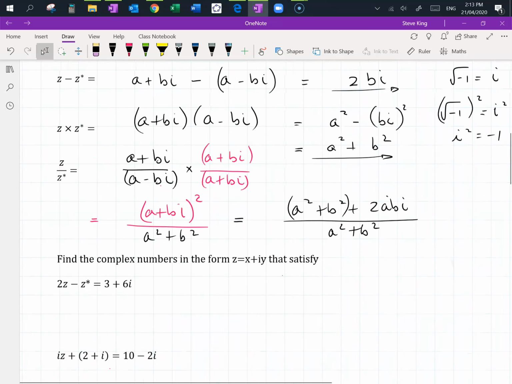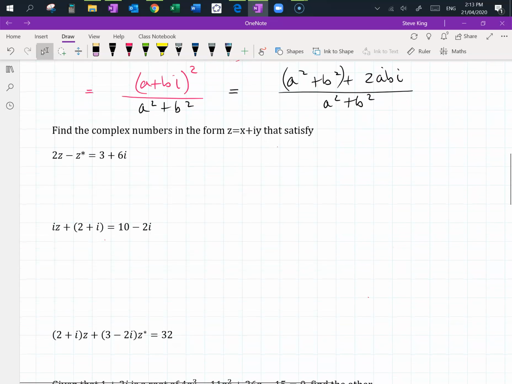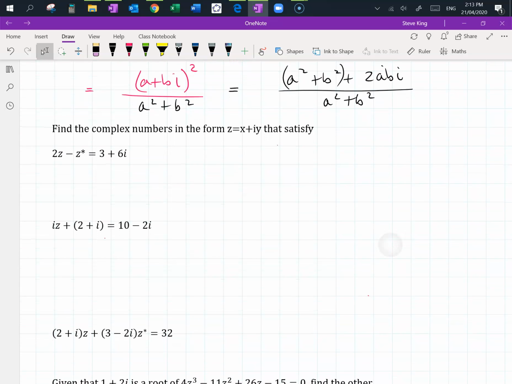So we can get problems that now relate to conjugate numbers. We can look at these ones here. We want to find the complex number in the form z is equal to x plus iy that satisfies the equation. So we've got two lots of x plus iy minus its conjugate. Its conjugate is going to be x minus iy.